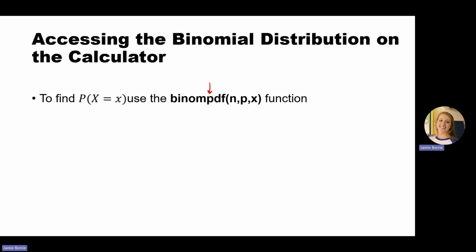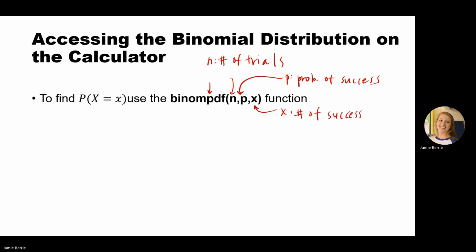In this notation, N is the number of trials, P is the probability of success, and X is the number of successes that we're looking for. They have to tell you all that in the problem: the number of trials, the probability of success, and the number of successes you're looking for. So that's for the equal to problems using binom PDF.